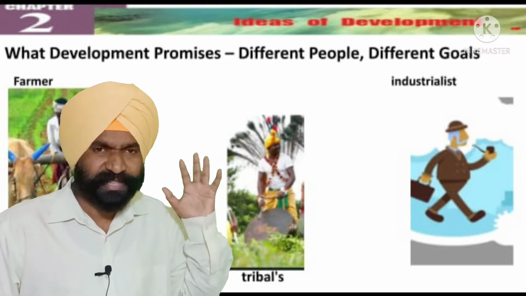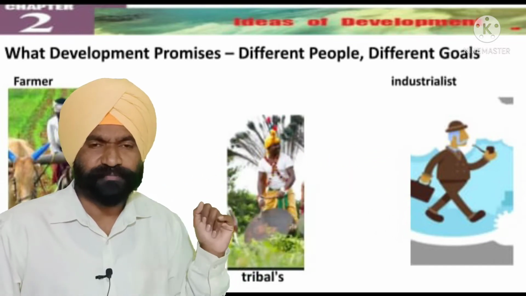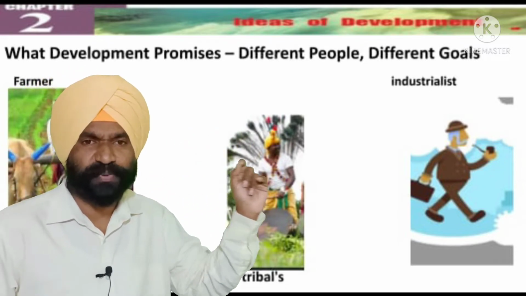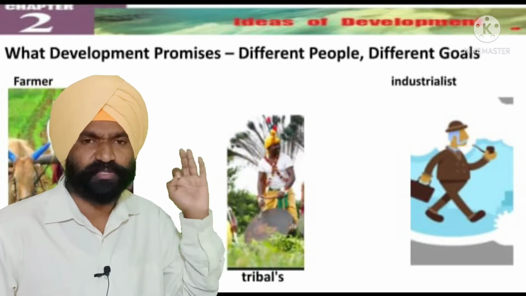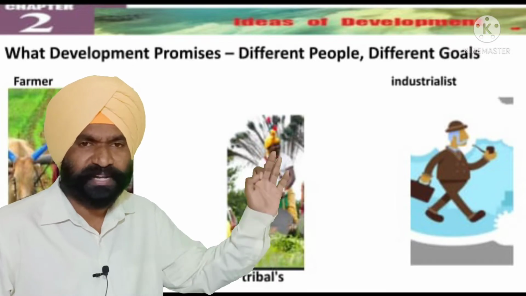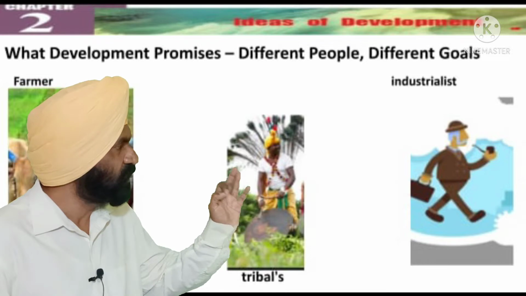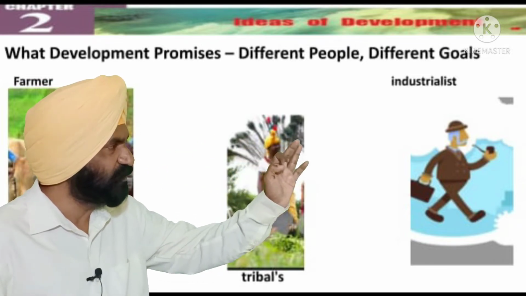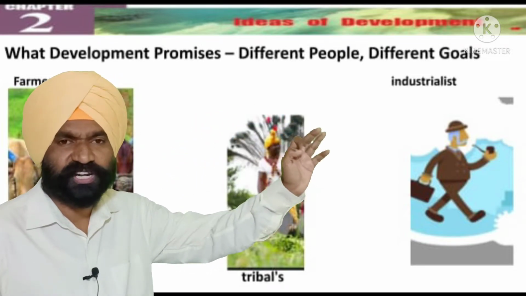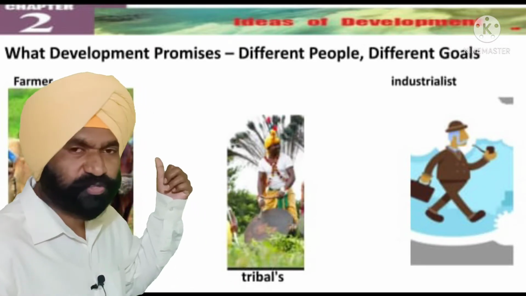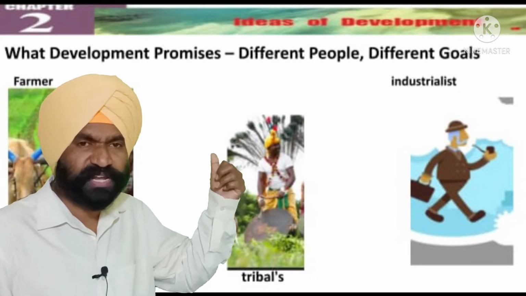Now thinking from the perspective of these three people, the industrialist wants more and more dams to be constructed so that they can produce hydroelectricity and that electricity will be provided to his industries. So his idea of development will be the construction of more and more dams in the country. The farmer also needs dams to be constructed. Why?